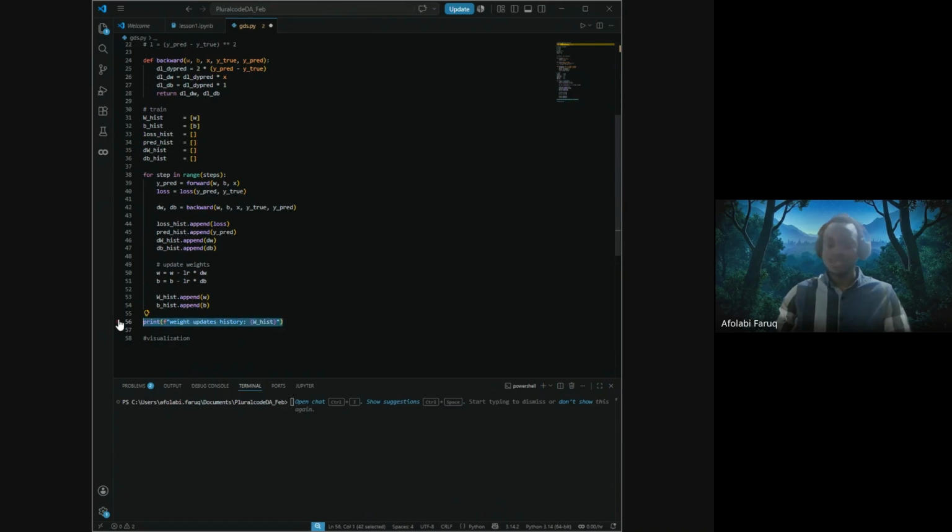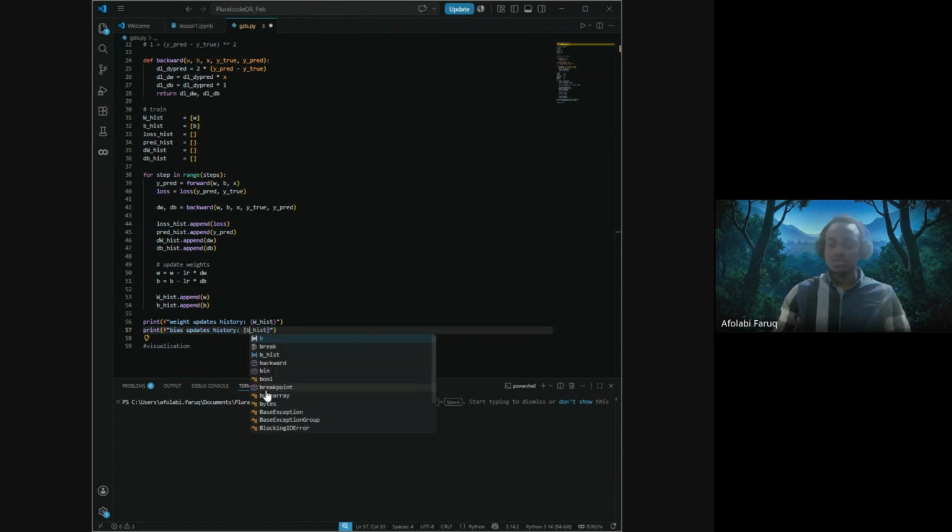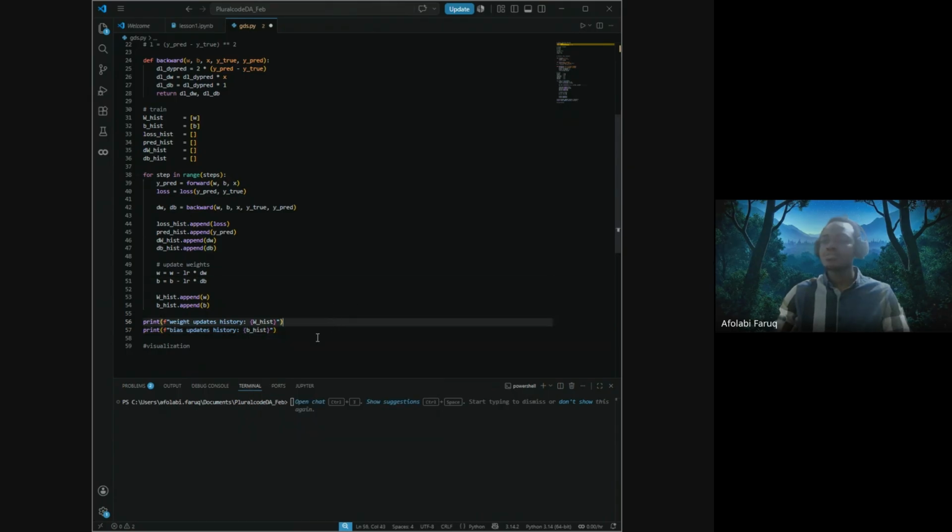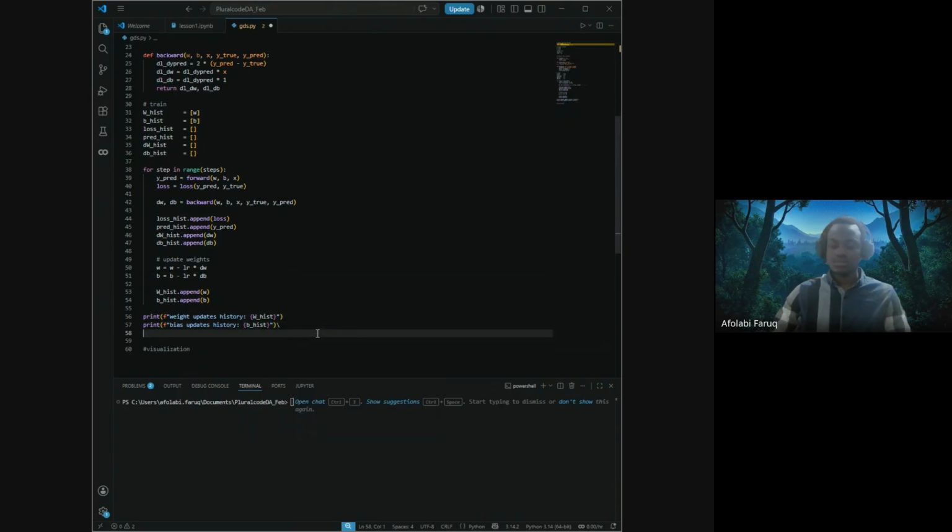Then you also have bias update history, which we will call the B_est. Then loss history as well.